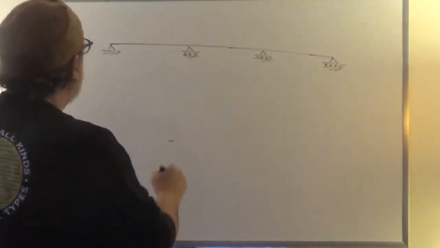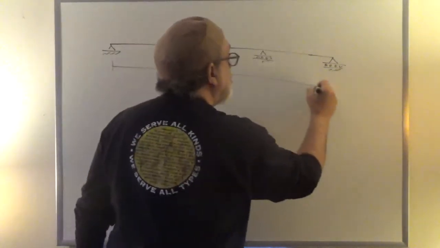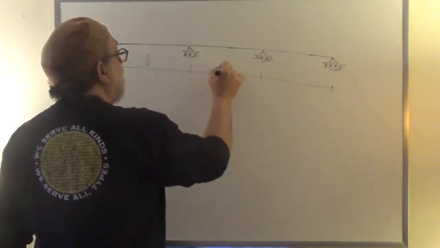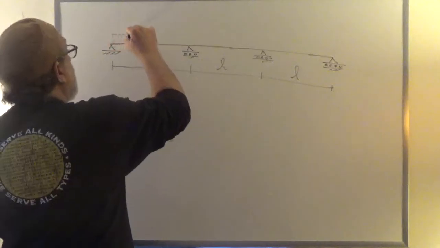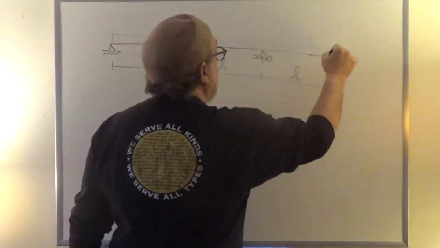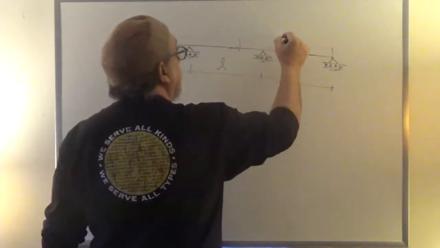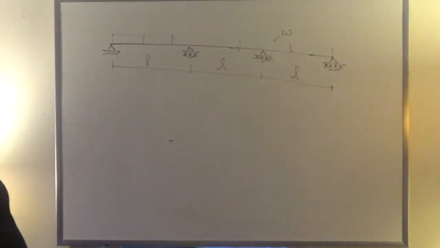Okay, so we're going to consider a beam having three spans, all equal to each other, L, L, L, and a uniform load, W. We want to draw the shear and the moment diagram.